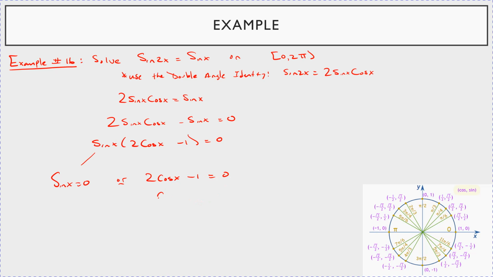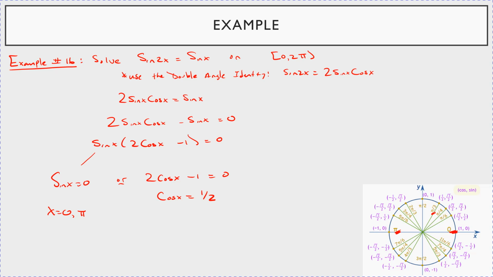Getting cosine by itself, you're looking for where cosine of x is equal to 1/2. But let's start: when does sine of x equal 0? That's at 0 and pi. And when does cosine of x equal 1/2?